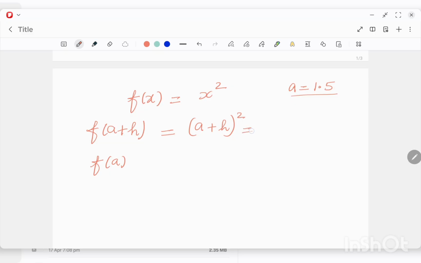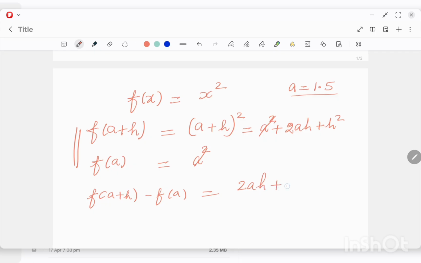If I expand this, it is a square plus 2ah plus h square, and f(a) is a square. When I subtract f(a) from f(a + h), the a square terms cancel, and we have 2ah plus h square.